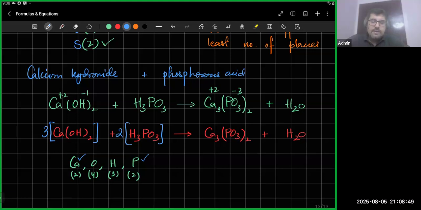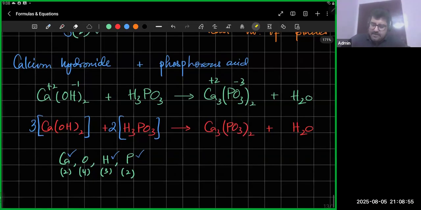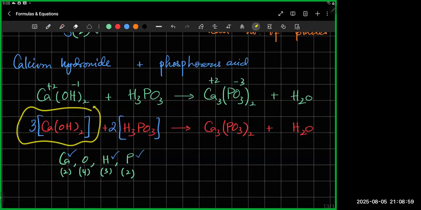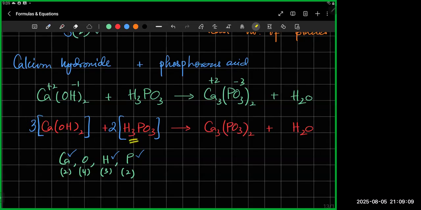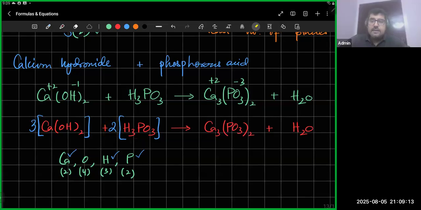So now I'm left with H and O. So I'm going to go with the easier one, H. ठीक है? आप बताओ कि how many H's do I have over here? Six. OH twice means that's two H's, and obviously there are three compounds, so that's going to be six. यहाँ पे कितने हैं? Three H's, but you got two molecules, so that's also six. Is that clear?